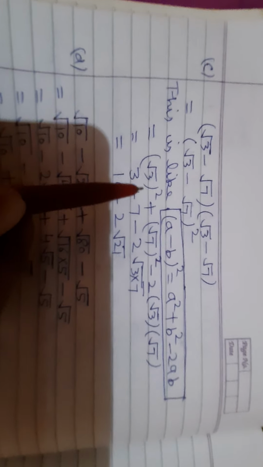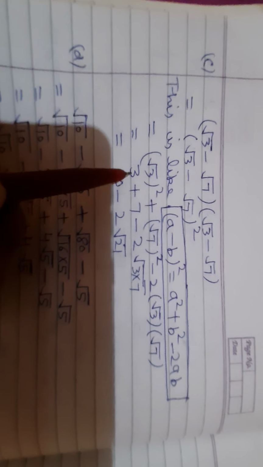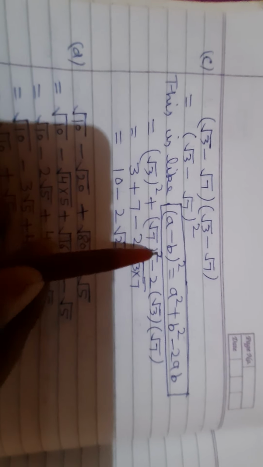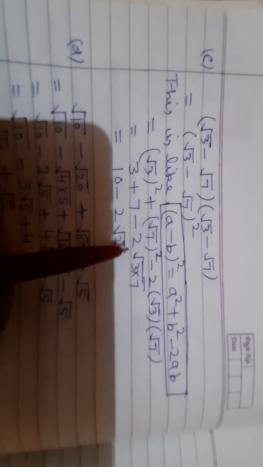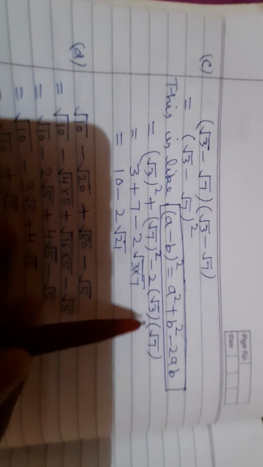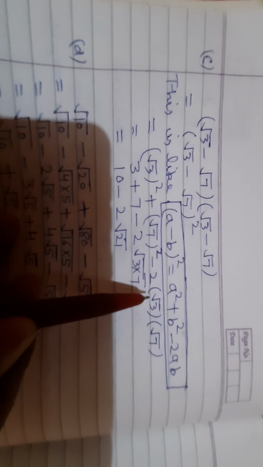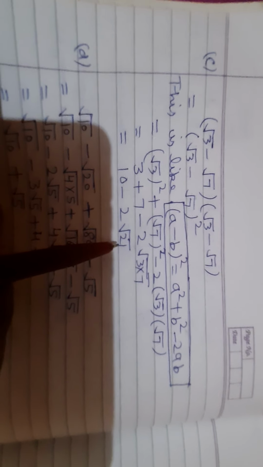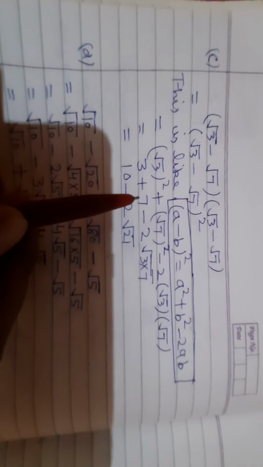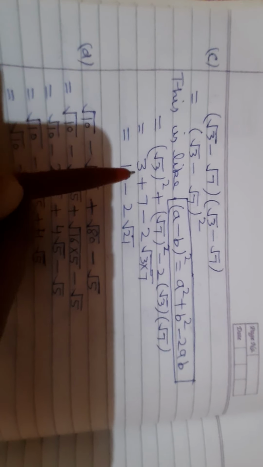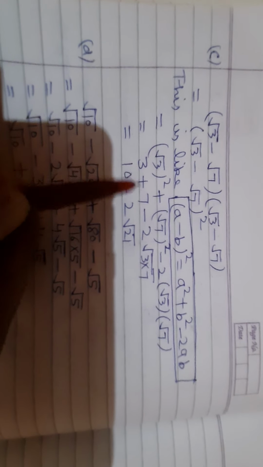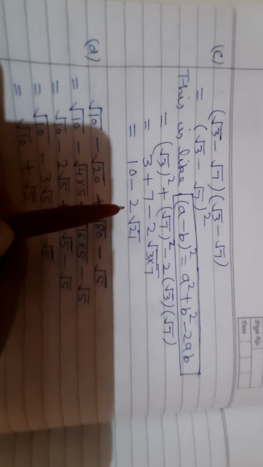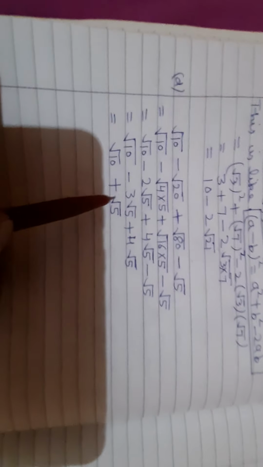To simplify it, under root 3 square means 3, plus under root 7 square means 7, and when we simplify the third part, 2 multiplied by root 3 multiplied by root 7, it will be 2 under root 21. Since 3 and 7 both are rational numbers, they can be added, therefore the answer will be 3 plus 7, 10, minus 2 under root 21.